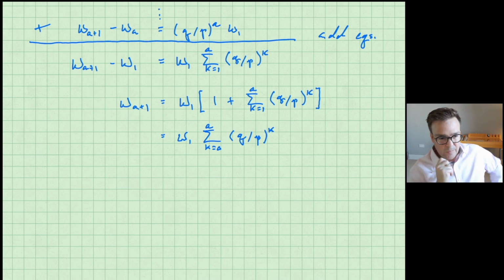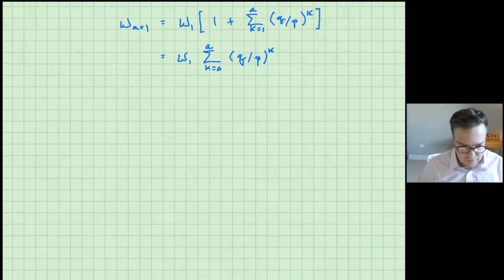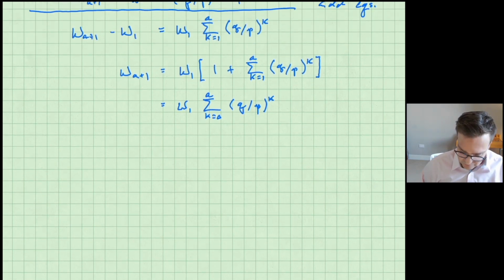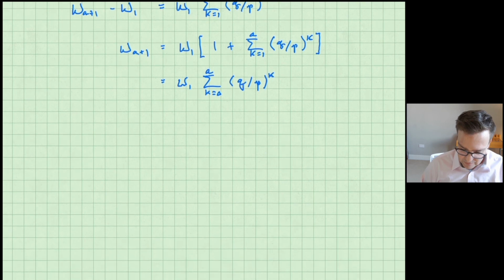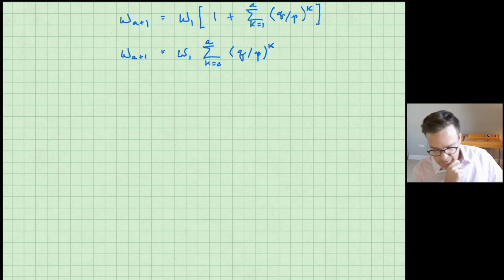Okay, now we've got two different cases here. This is a geometric series, of course, so I'll fill in the left-hand side, W A plus 1. There are two different cases here.